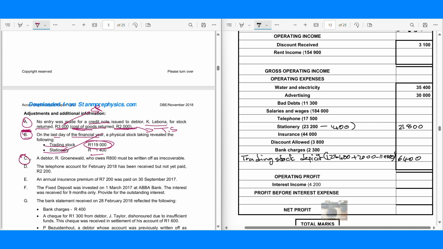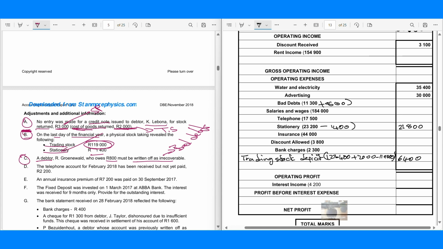So we go to transaction C. They are saying that a debtor who owes 800 must be written off as irrecoverable. So when you write someone off as irrecoverable, this is bad debts. So you come to your bad debts, you add what? 800.